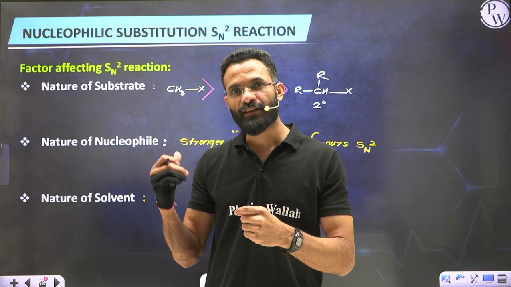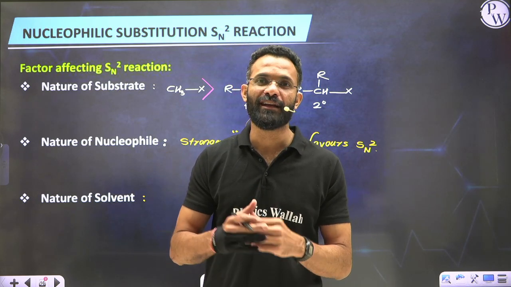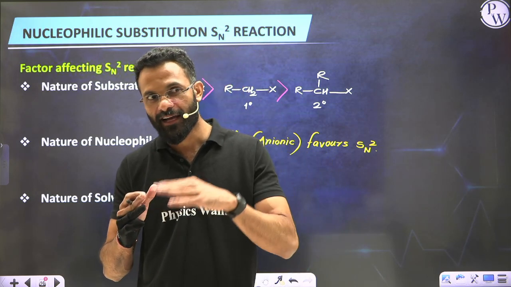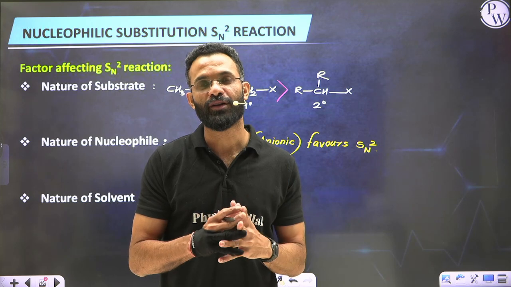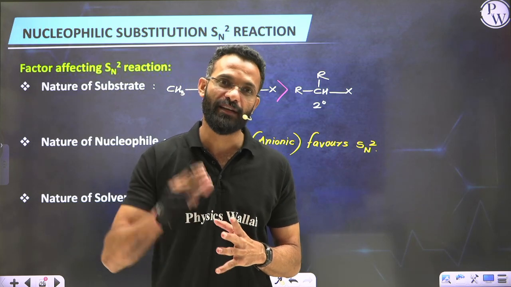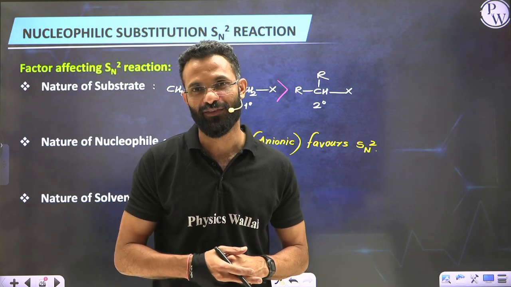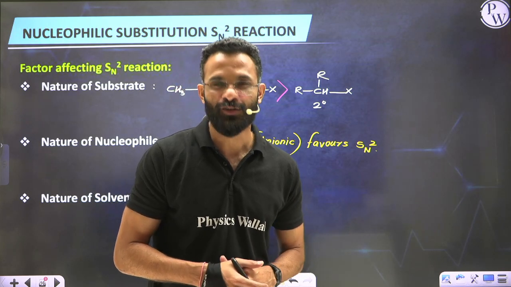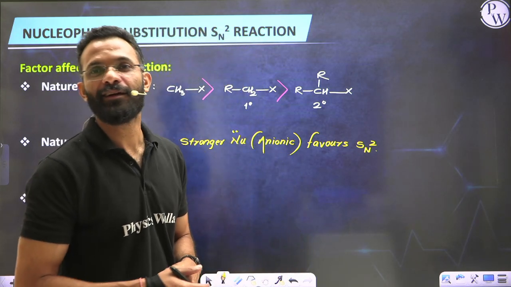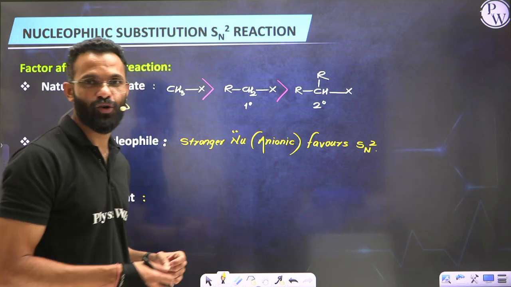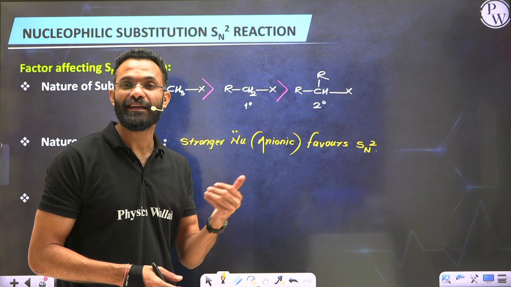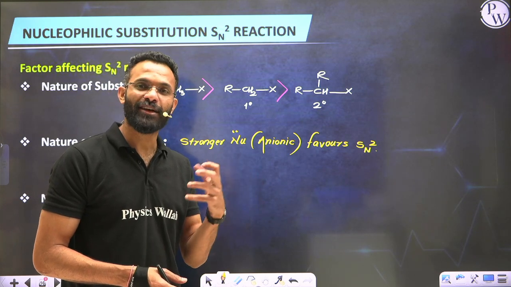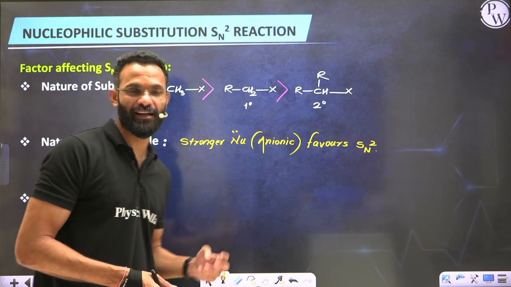But in case of SN2, the requirement is an anionic nucleophile which can attack the deficient carbon faster. So we cannot use polar protic solvent, otherwise it will decrease the nucleophilicity of the nucleophile. Hence, for SN2 to be favored, we need polar aprotic solvent. Generally DMSO, DMF, DMA, acetone, this kind of solvent favors SN2 reaction mechanism.